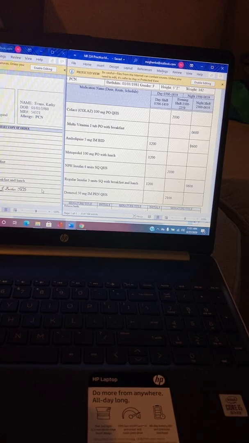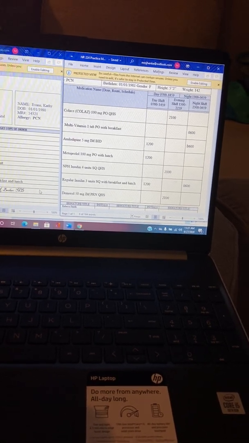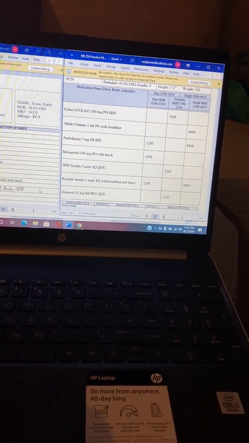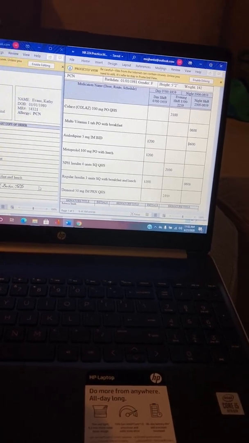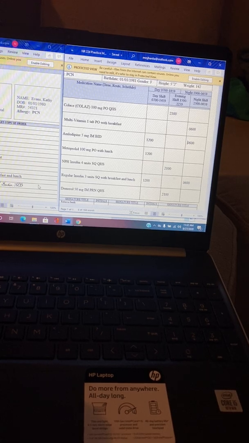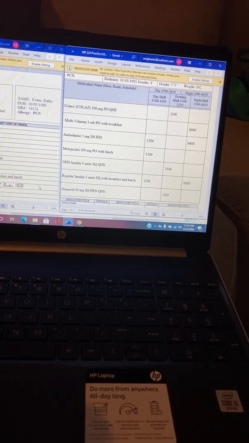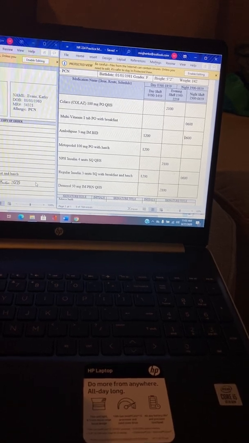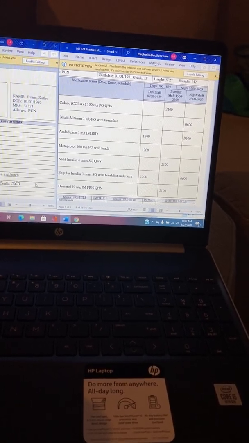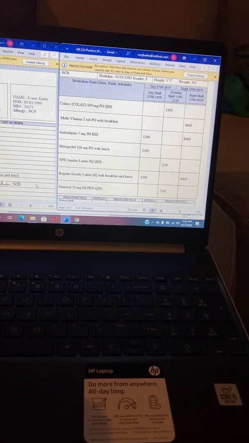And then also one more thing, the multivitamin and the insulin are supposed to be given with breakfast and lunch. So her medicine was given at 6 a.m., or 0600 hours, which means we would have to order her breakfast for that time also. And that's it.